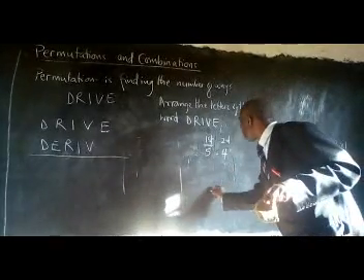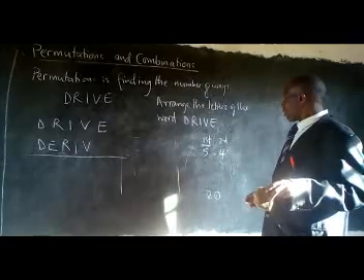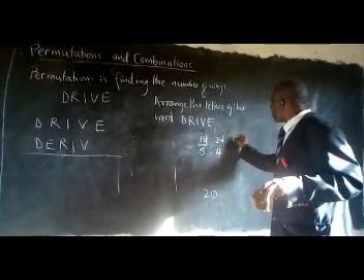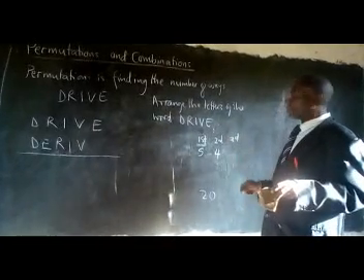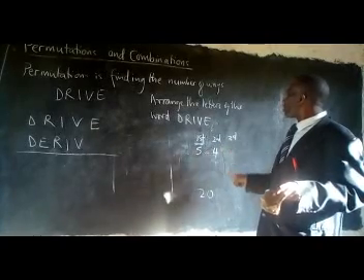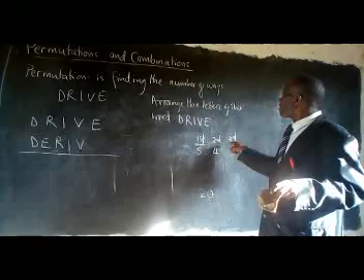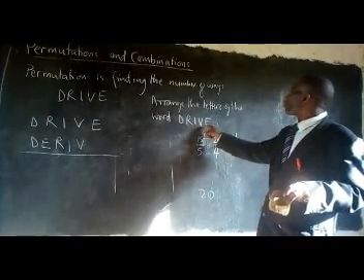So those are the 20 possibilities. Going to the third letter now, after choosing the second one, we are remaining with 3, because there were 5.